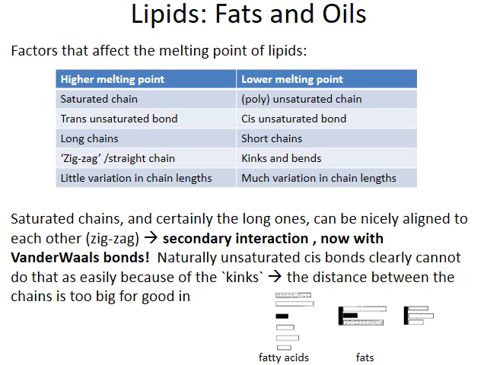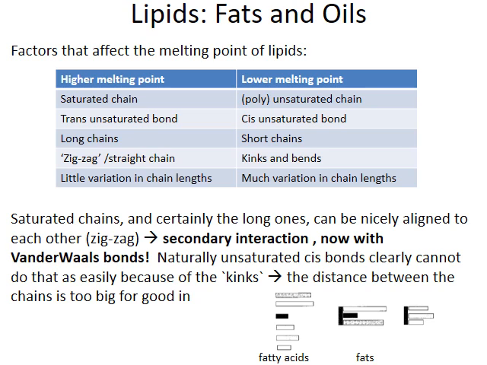So if we look at factors that affect the melting point, then we can say a certain lipid has a high melting point if this chain, either saturated or unsaturated, is long, has the nice zigzag, straight chain, and little variation in chain length.